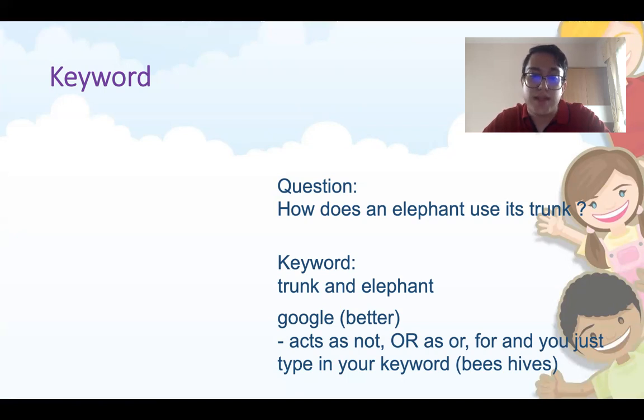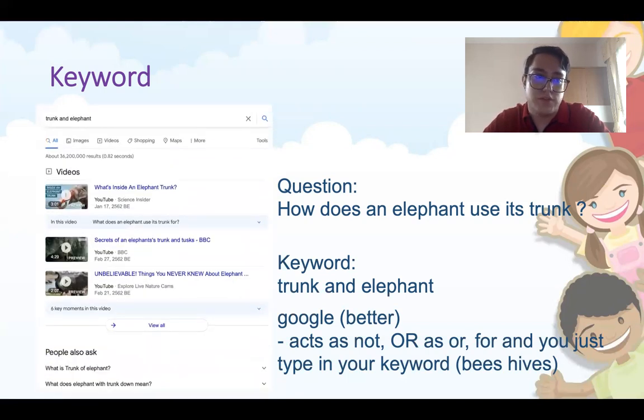So you just make it a keyword. For example, trunk and elephant or trunk elephant.